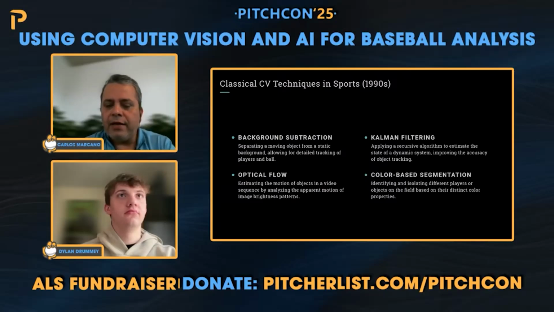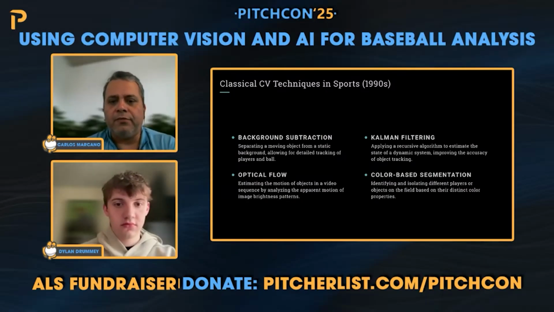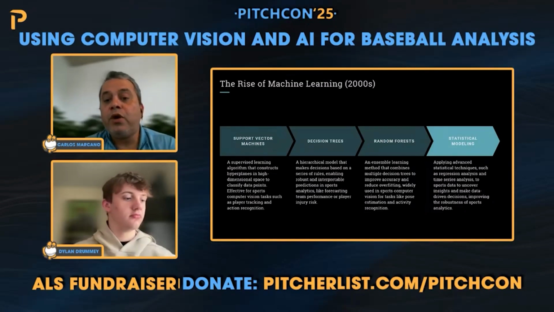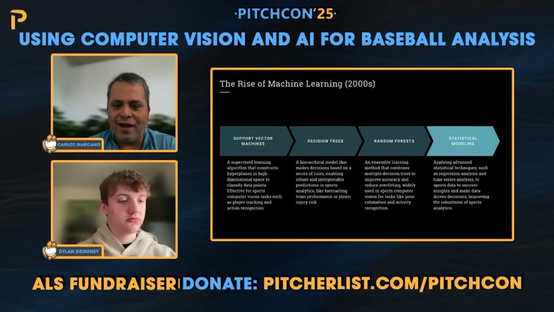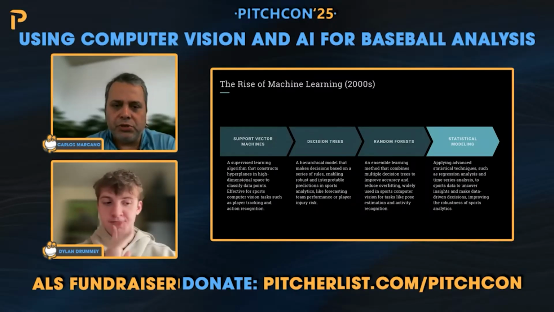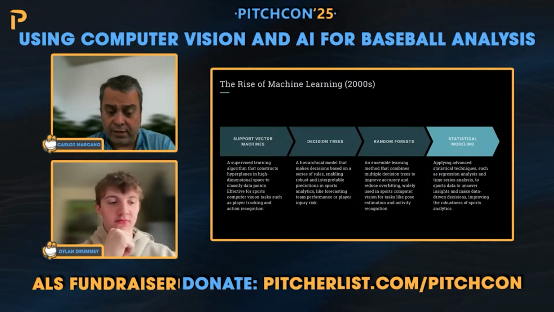In the 90s and earlier, there were more analog-based computer vision techniques like background subtraction, optical flow, and color-based segmentation, and these were used because of the limitations back then. When we moved on and had the rise of machine learning, we could get more creative and use more advanced techniques to analyze images, like support vector machines, decision trees, random forests, and things like that.